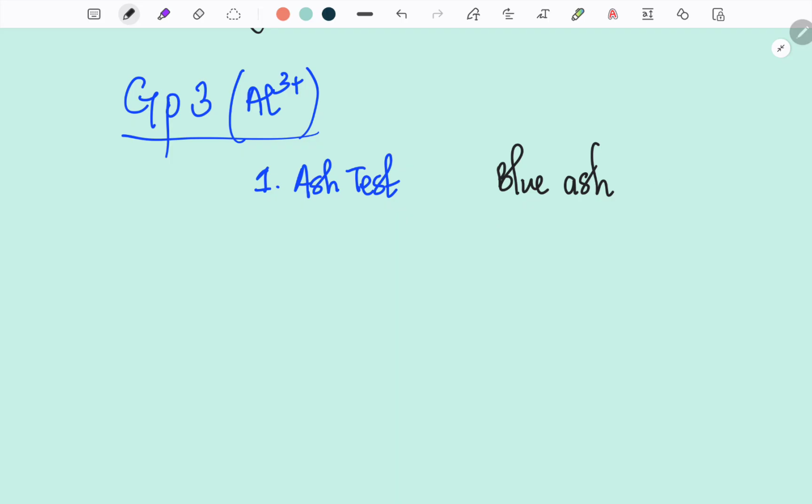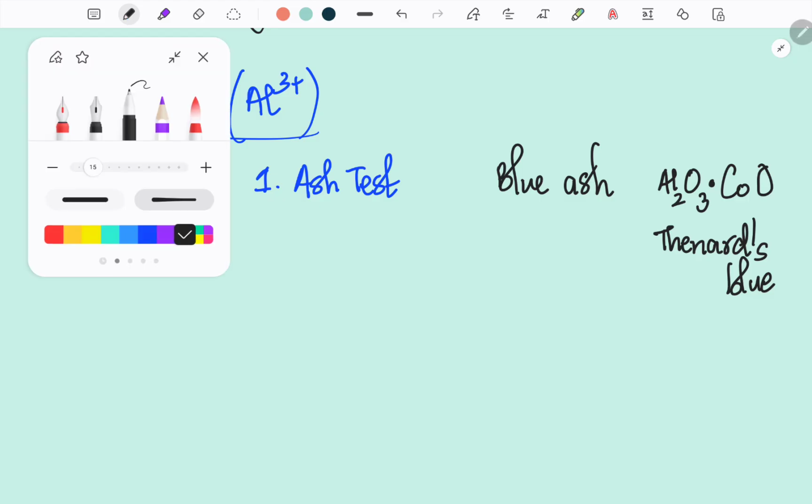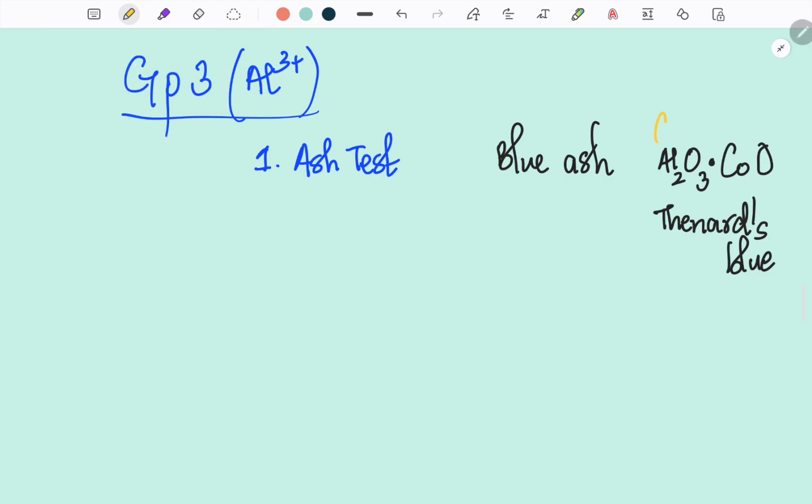The ash that is formed has a molecular formula of Al2O3.CoO, and it is commonly known as Thenard's blue. Thenard's blue is the common name, and the IUPAC name of this would be cobalt aluminate. Cobalt aluminate. I will write that.